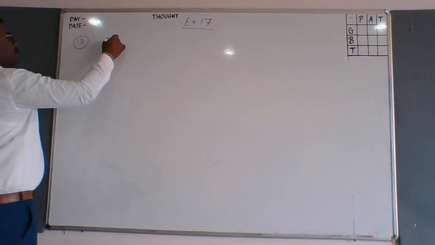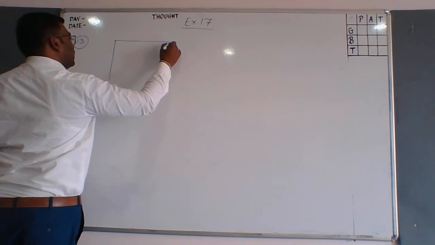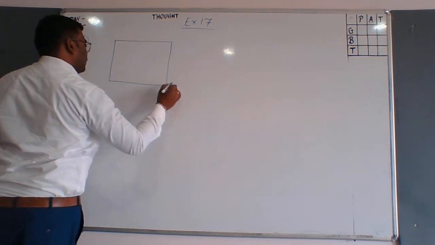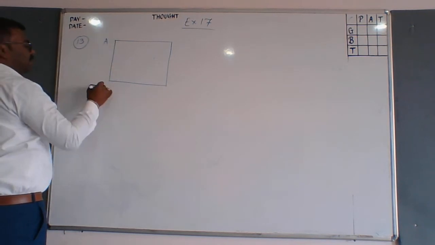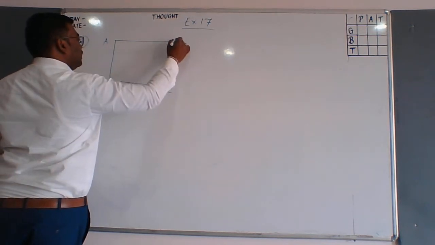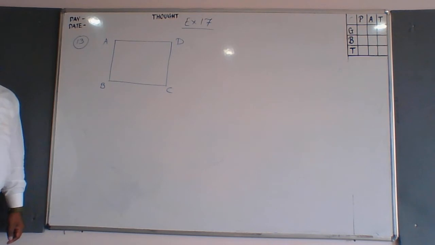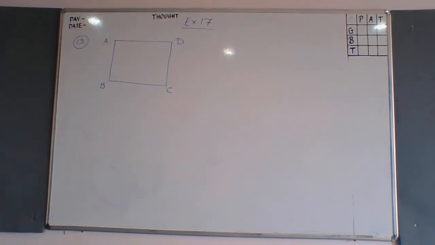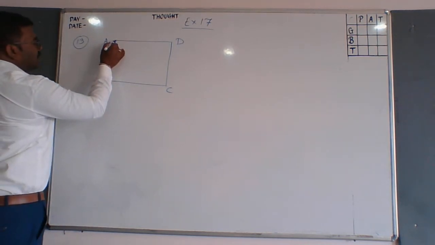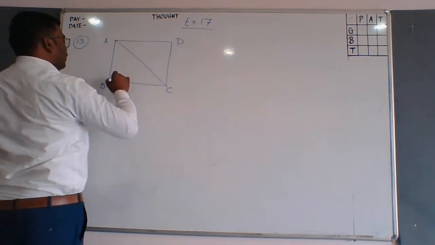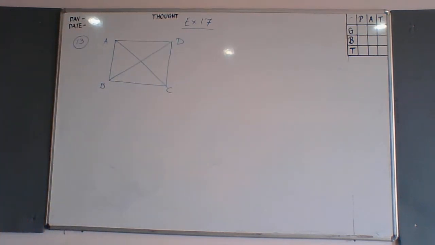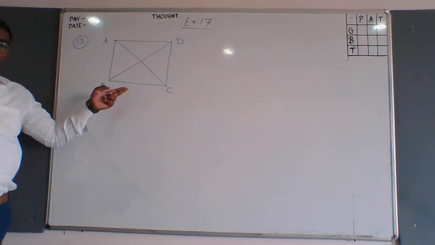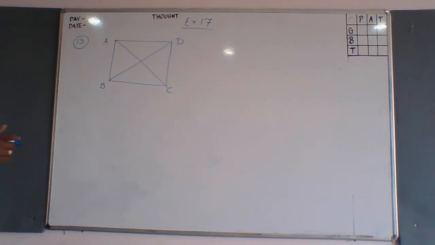It is given that one quadrilateral is there. Its name is supposed to be ABCD. And it is given that diagonals are equal, meaning length of AC equals length of BD.